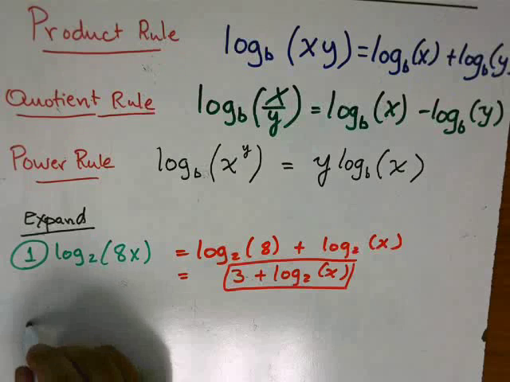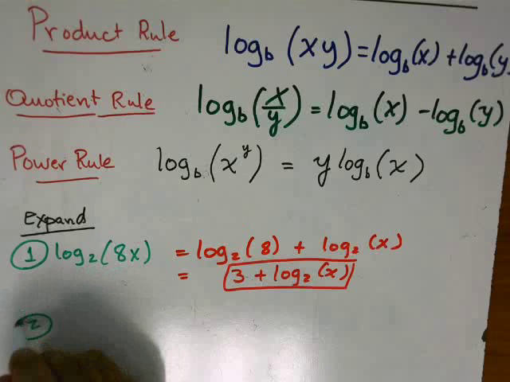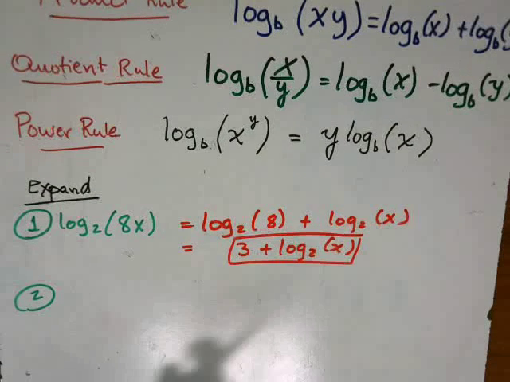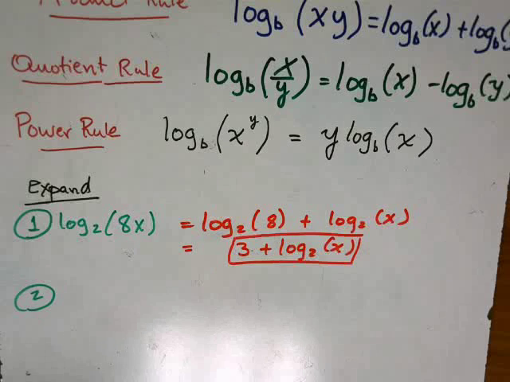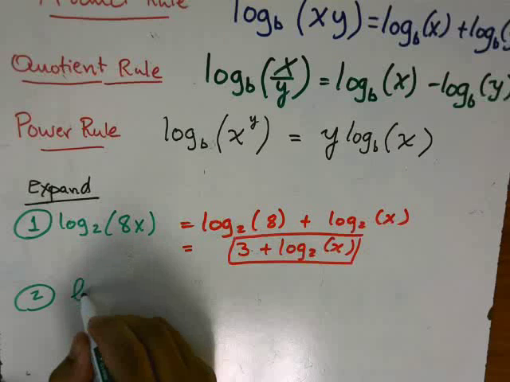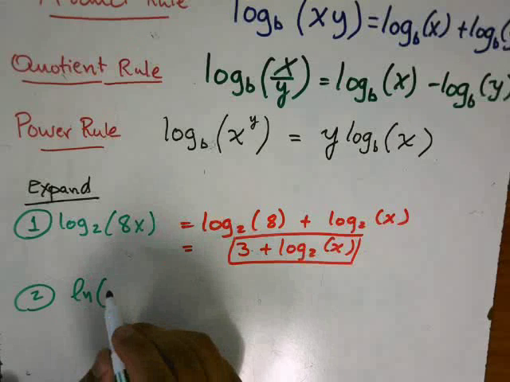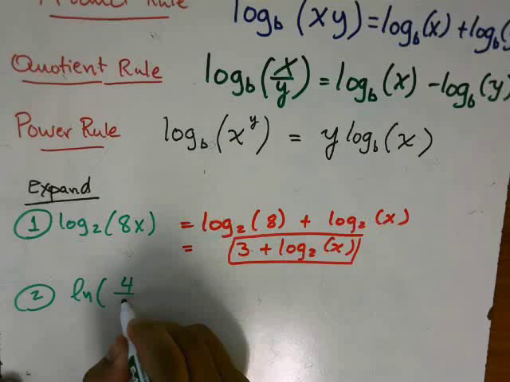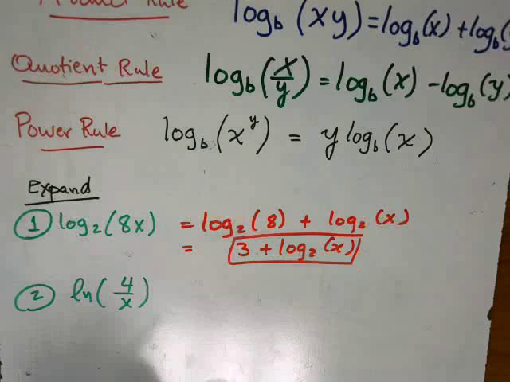How about the natural log of 4 divided by x. If you notice here, this is our quotient rule at work.